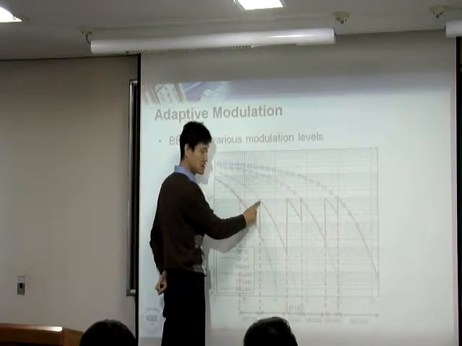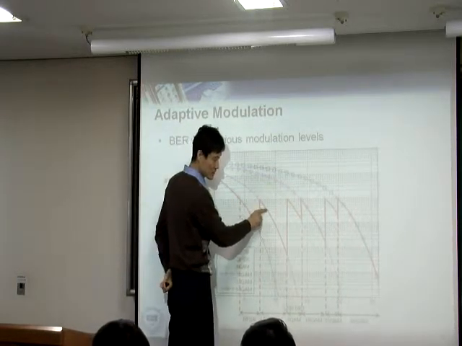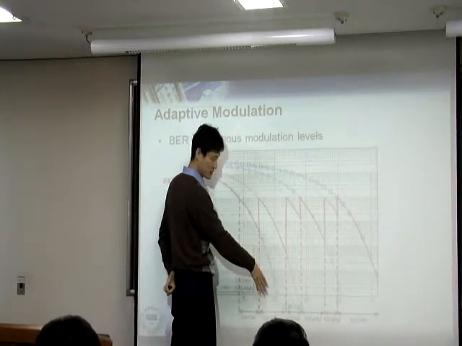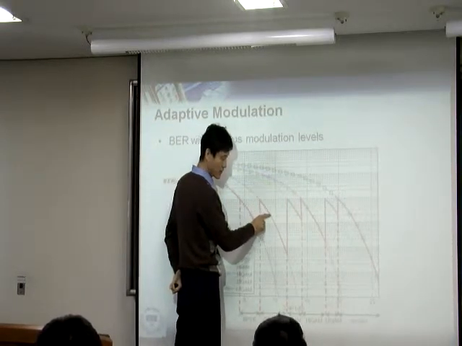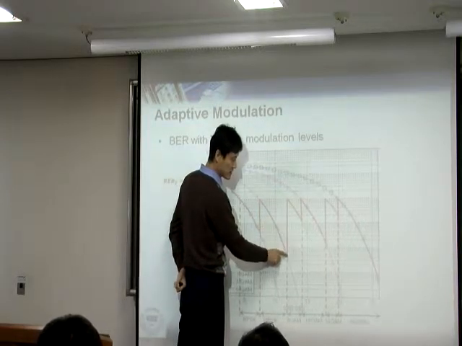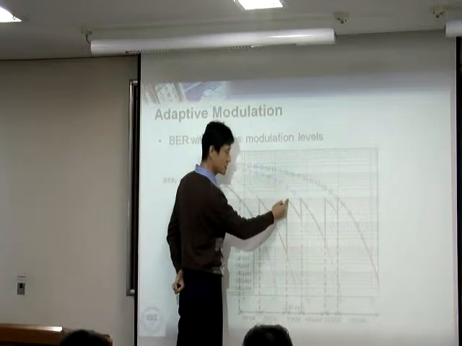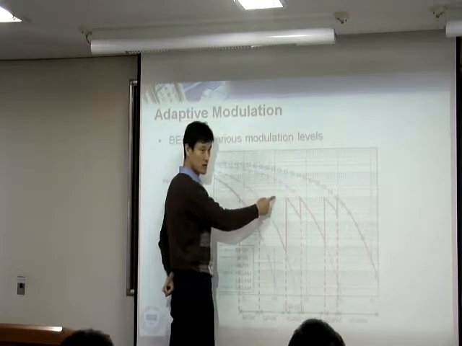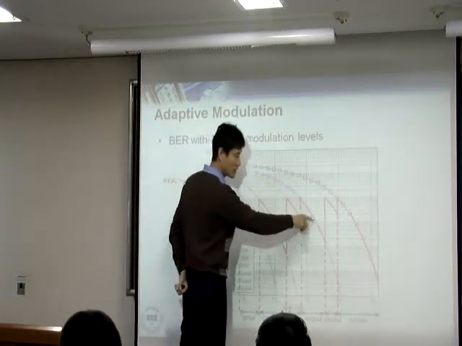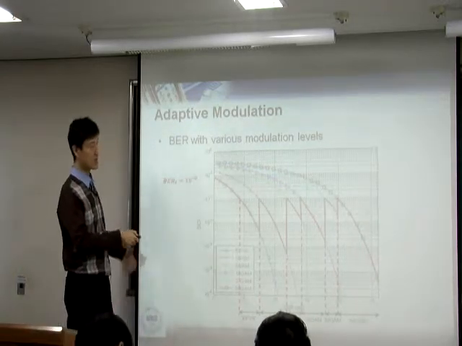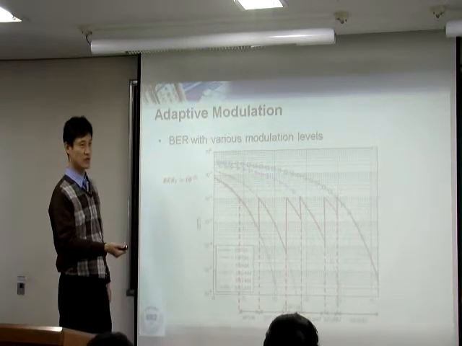So now you switch. Same way, you keep using it as SNR is going high, going large, you go down here, and this is the time now you can switch to the next modulation, because the next modulation now meets the 10 to the minus 2. So this red curve basically shows you how you switch from one modulation to another.